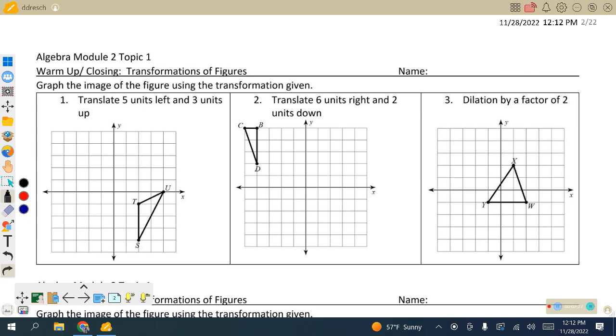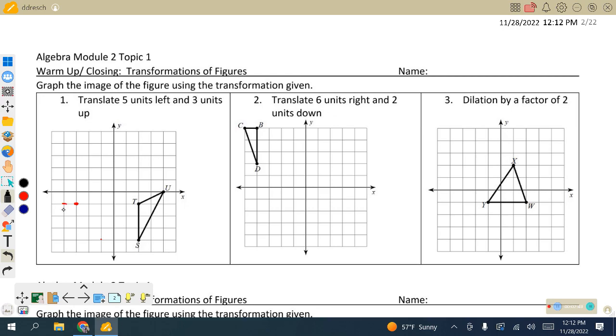So when you read the directions for number 1, when you follow it, 5 units left and 3 units up, take 1 point at a time and literally do what's being described. S, 5 units left. Do you know your left from your right? 1, 2, 3, 4, 5. 3 units up.